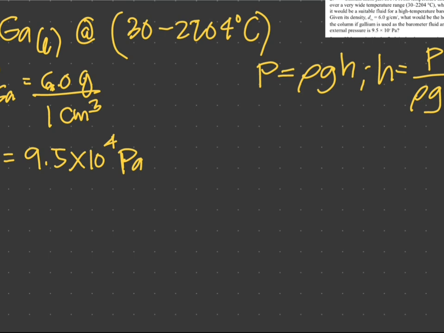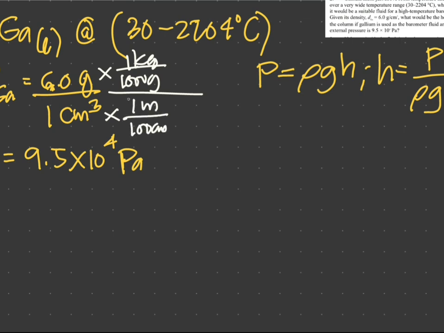Yeah, density is, okay, we convert this to kilogram per cubic meters. So this is times 1 kilogram over 1000 grams. Then this one is times 1 meter over 100 centimeters, and it should be cubed.